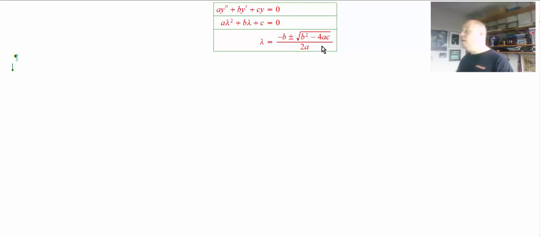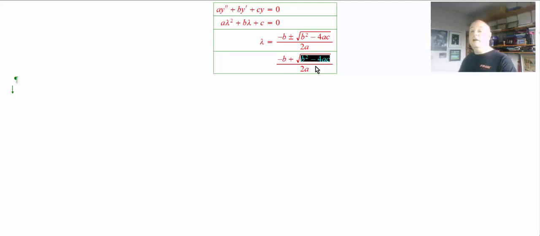We're done. What about if they're real and different? Well, if they're real and different, one of them is minus b minus this square rooted piece over 2a, so that one's negative. The only one I have to worry about then is maybe the other one, the plus one, is positive. Well, let's consider the plus one.